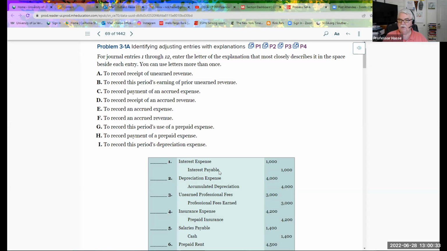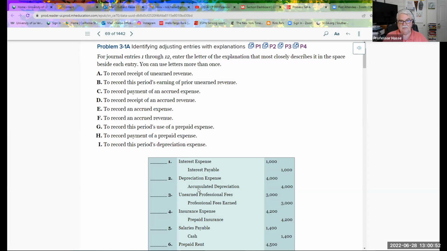It's a liability. We owe the money, but we still have recorded the expense. The passage of time, we owe the money. So we record the expense and we say interest payable because we owe the money and we'll pay at a later date. To record an accrued expense.